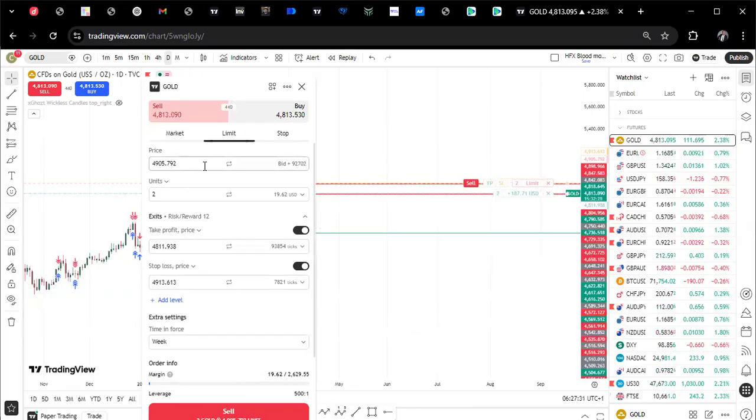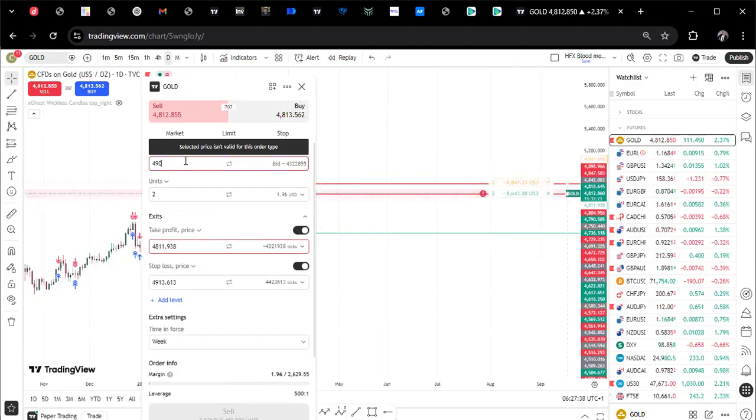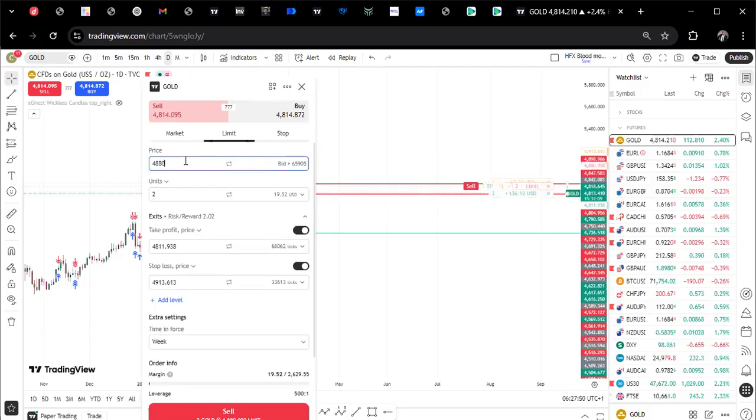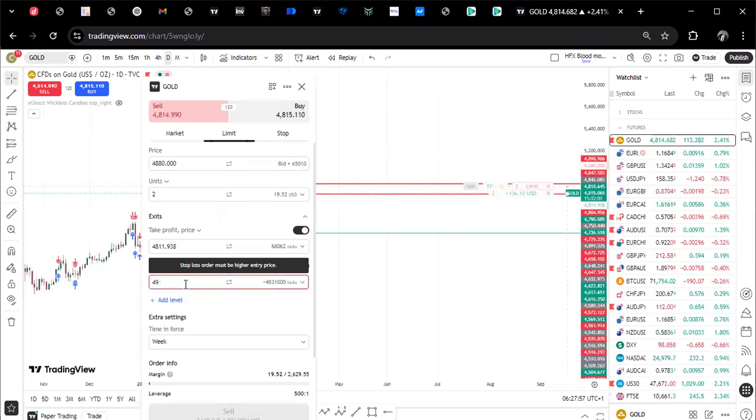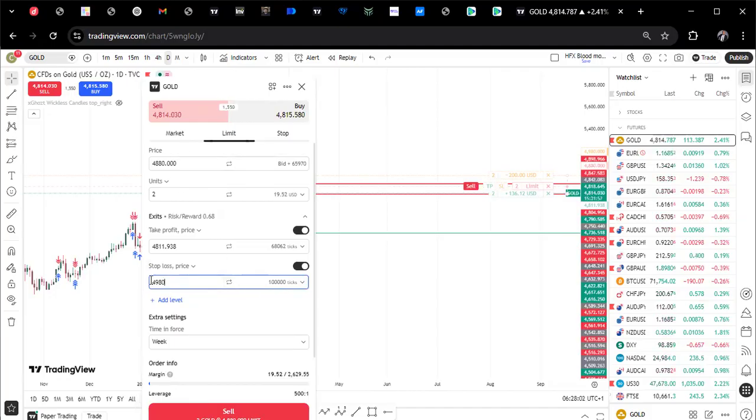So let's say the price for your limit order is 4,948.80, right? That's the price for your limit order. And your stop loss is 4,980. This is like 100 points, right?